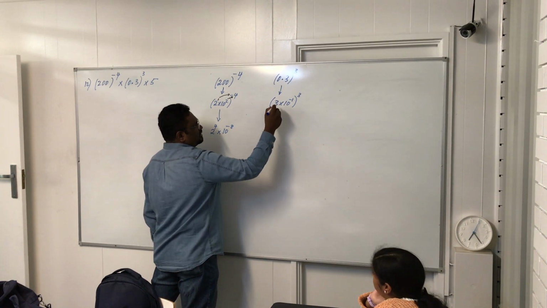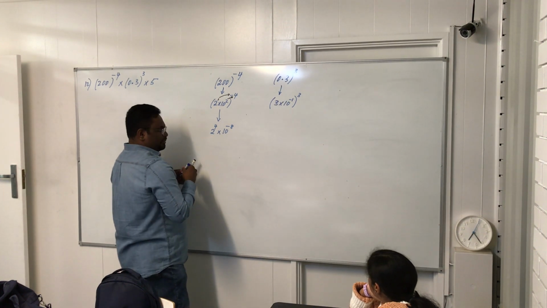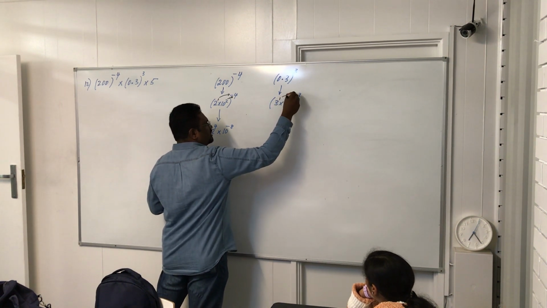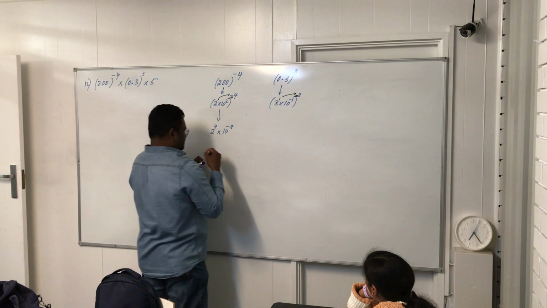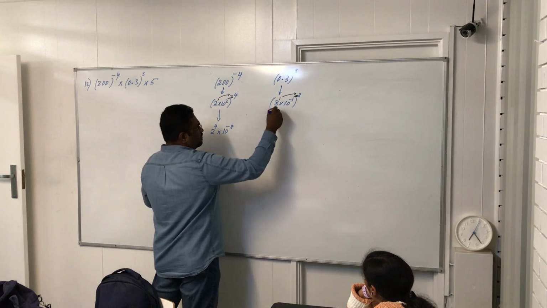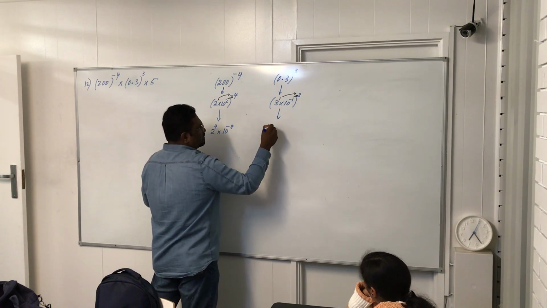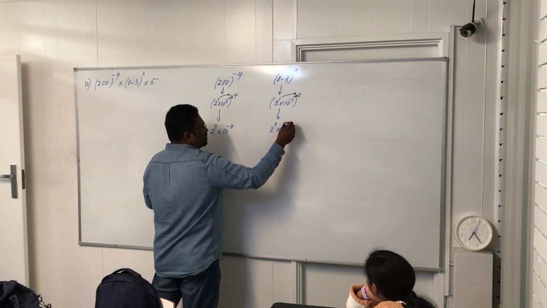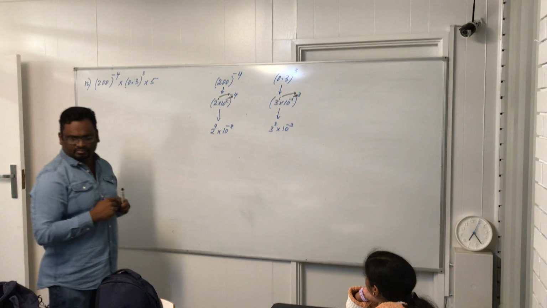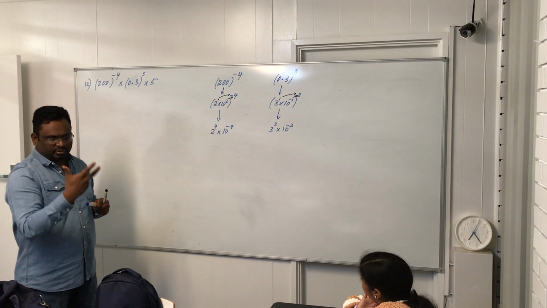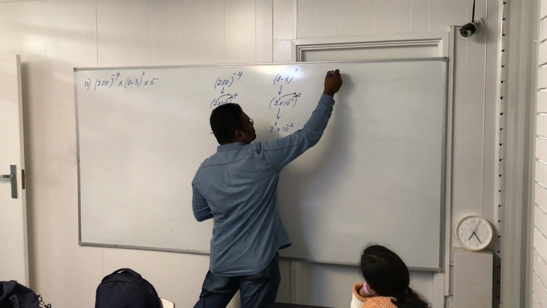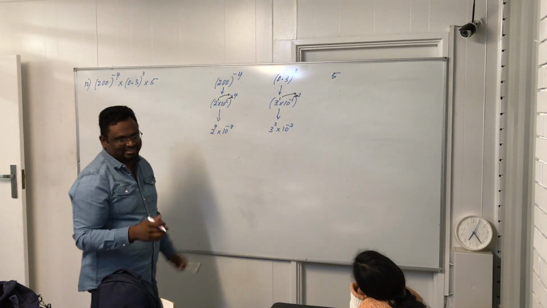Now, same rule. You have 1 here. This goes with this. So it would be 3 times 10 to the minus 3. Right? Look how I'm doing it part by part. Then 5 is just here. Nothing to do with that, right?